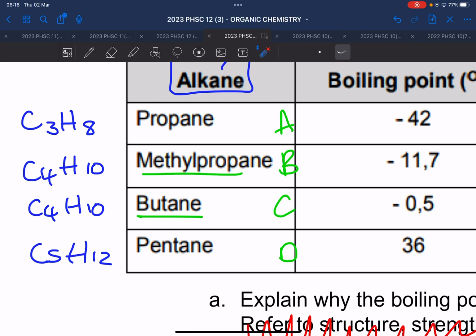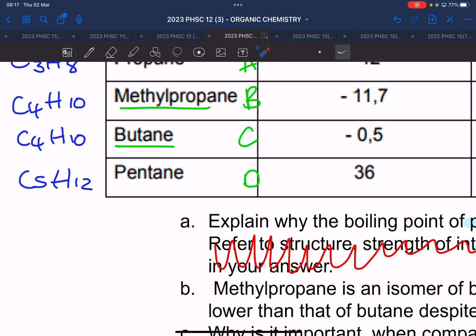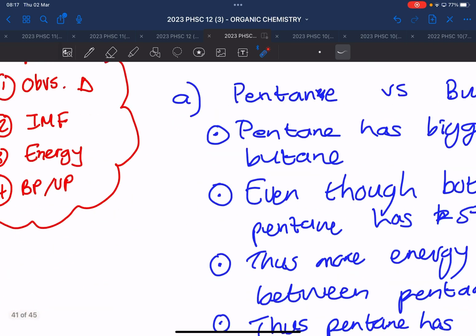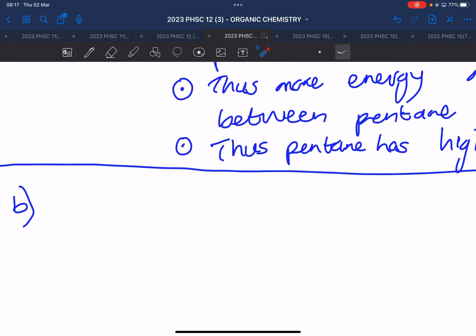Jabu. Yes, butane is a straight chain molecule and methyl propane has a side chain. So it has to do with the surface area. Okay, that is what I explained yesterday. Okay, so the obvious difference is B has a side chain.